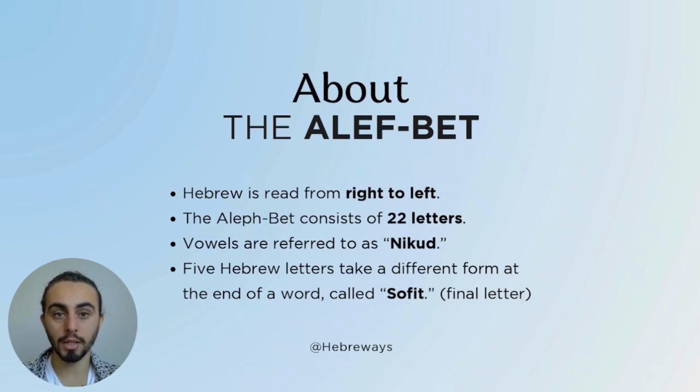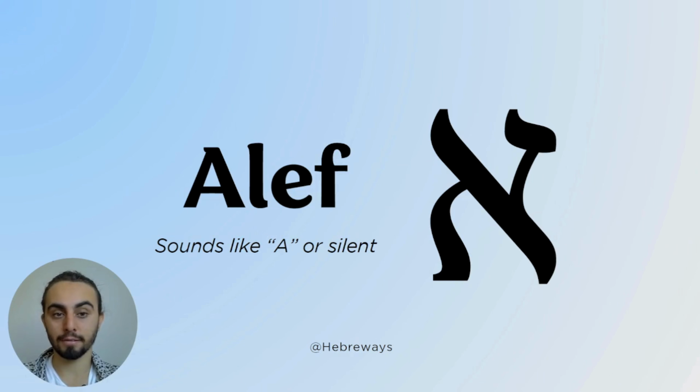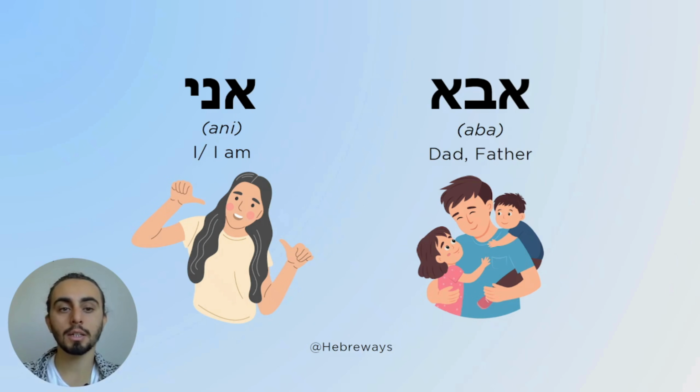Okay, are you ready? Aleph, the first letter. Aleph makes the sound of A. It depends on the vowels, the nikud, which we'll learn. Let's take 2 words for example. On the right here, you can see Abba.